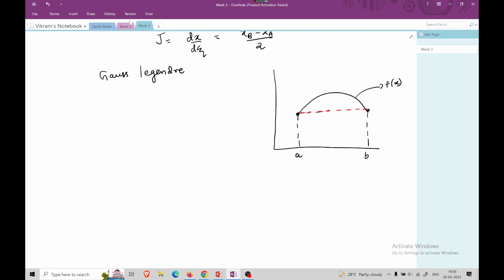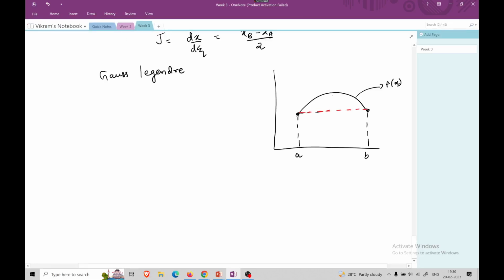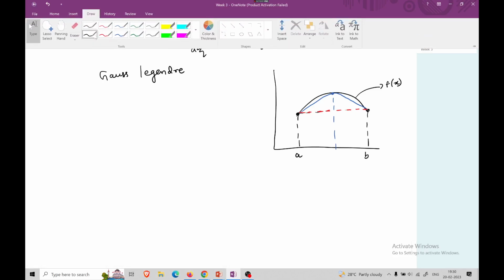If you have something like this at a plus b by 2, so you have a quadratic something like this. Okay, I'll rather redraw this entire thing.